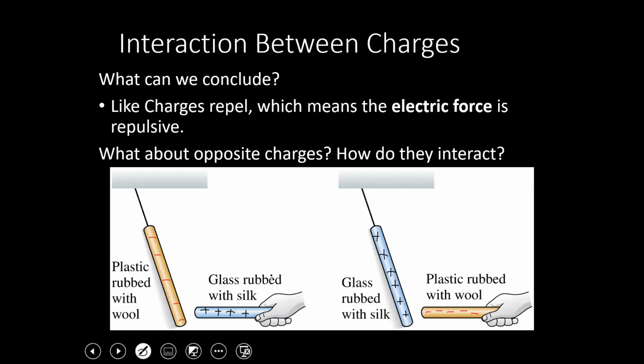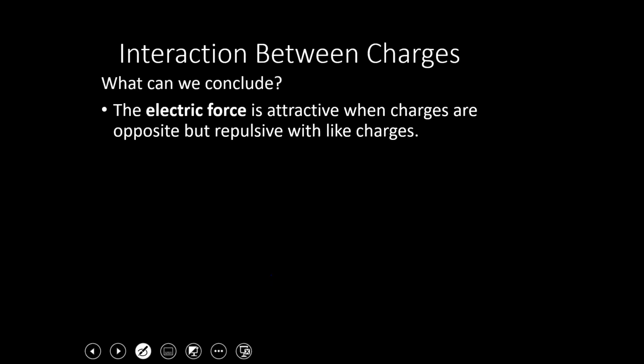The same principle applies here: there is an electric force pulling these two together if they have opposite charges, or pushing these two rods away if they have like charges. Okay, so electric force is attractive when charges are opposite, and electric force is repulsive when we're talking about like charges.